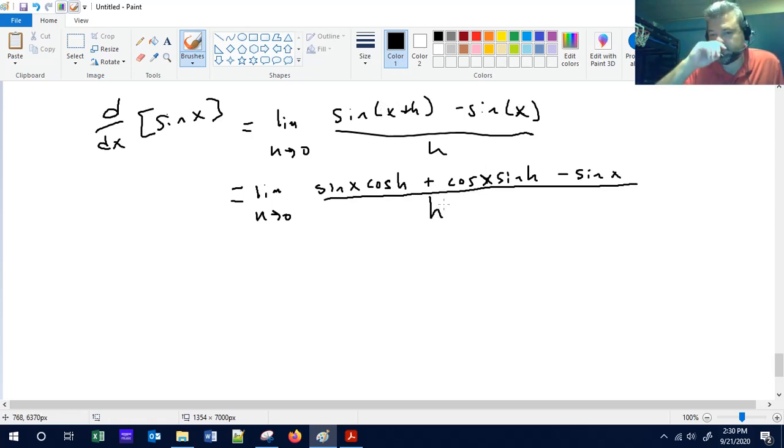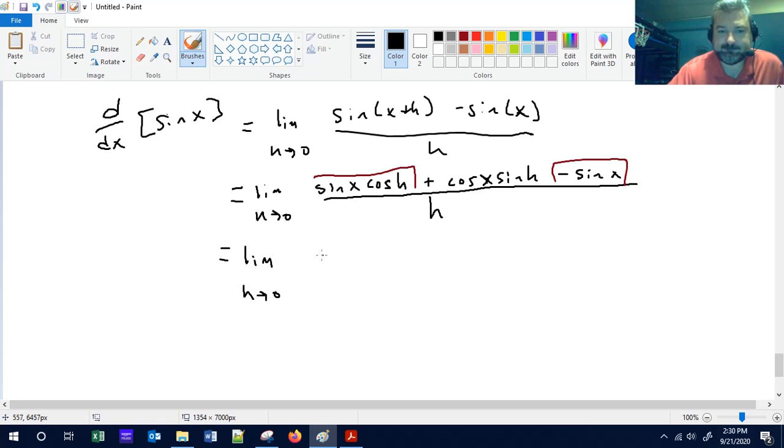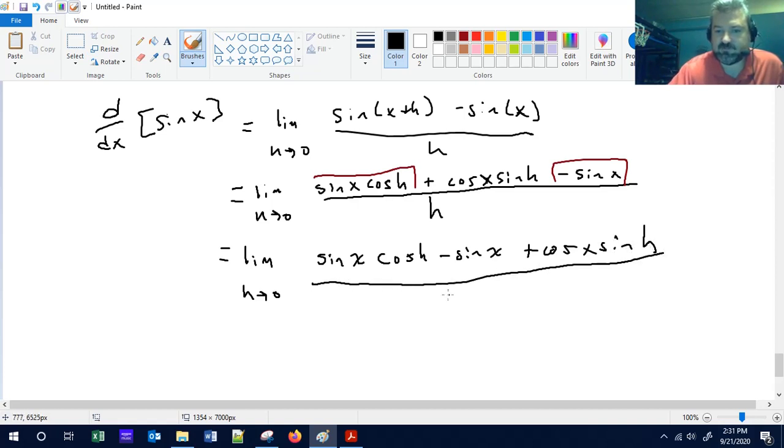Okay, so let's see what we can do with that. If I rewrite this, I can group this and this together, and that's exactly what I'm going to do. So sine of x cosine of h minus the sine of x, plus the cosine of x sine of h, all over h.